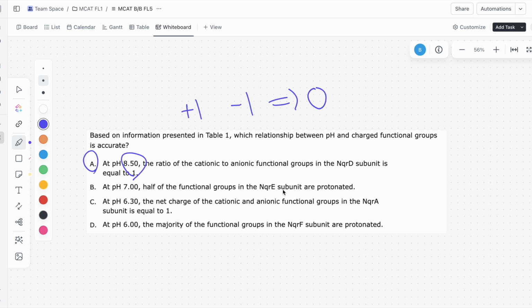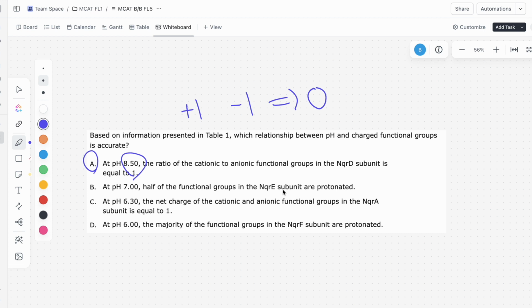We don't know anything about what number of functional groups in NQRE are protonated. At pH 7, you just know that it's greater than the PI, which means overall you're gonna see a lot more negative charges associated with the NQRE subunit. You don't actually know if half of the functional groups are going to be protonated.